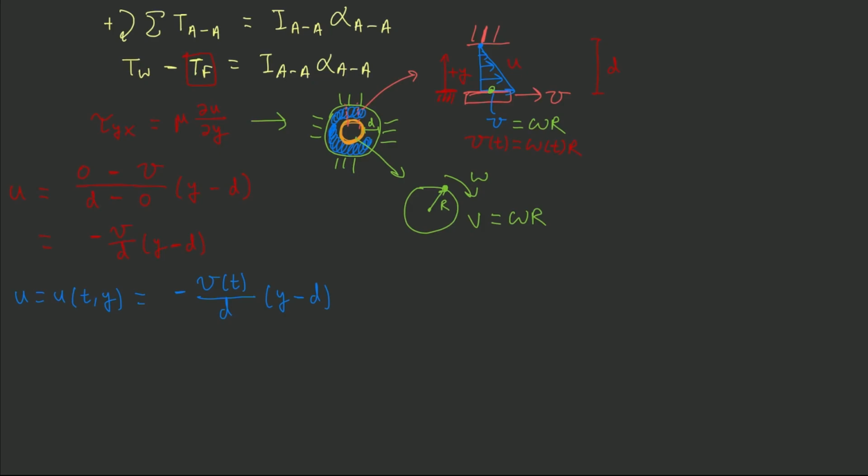So we can write tau of yx is equal to mu times the partial derivative of u with respect to y. And that's equal to mu times the partial derivative of this with respect to y, which is simply negative U over d. So we get that tau of yx is equal to negative mu U over d.